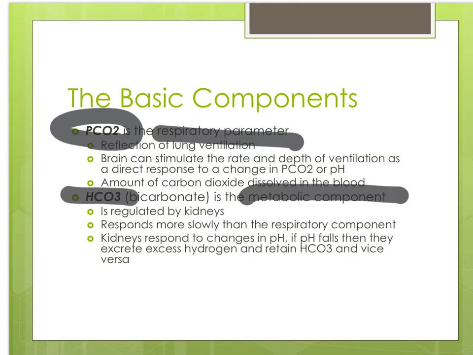Okay, and so we know that this is a parameter that changes more slowly than the respiratory parameter, and that it too can directly change the pH. If the pH falls, then we excrete less hydrogen and retain more bicarb, and the same if it happens in the other direction.